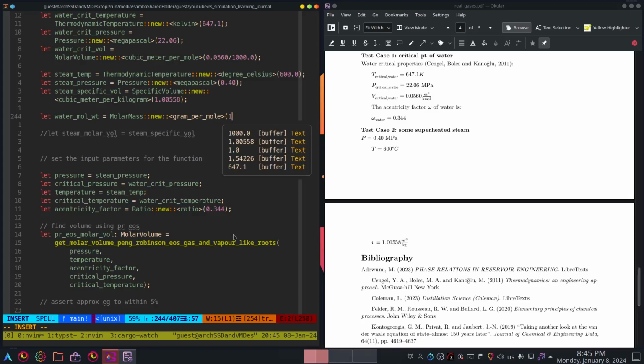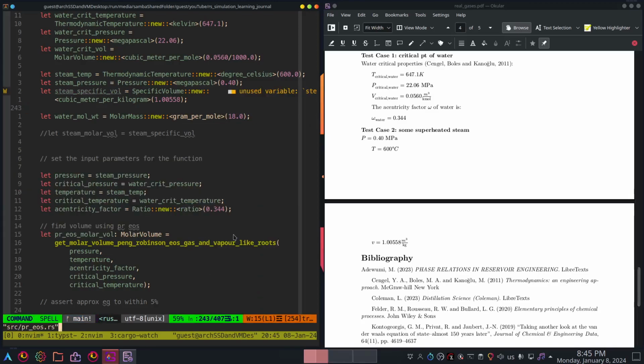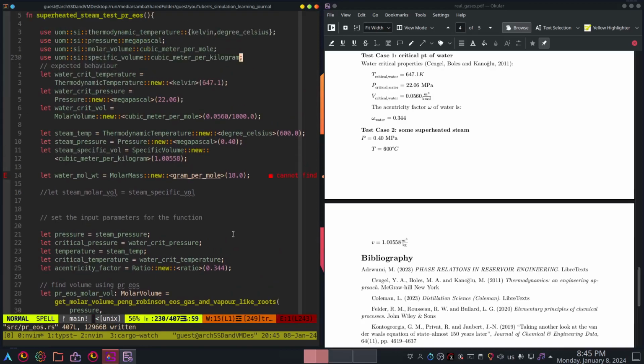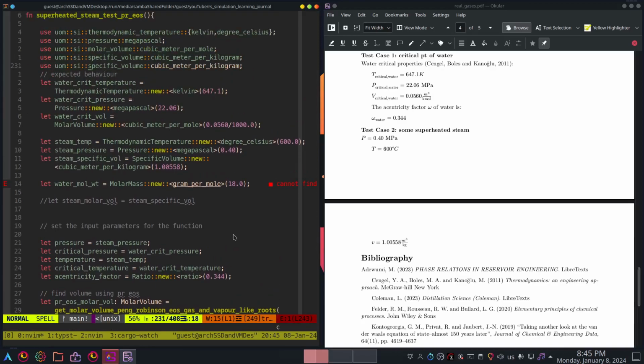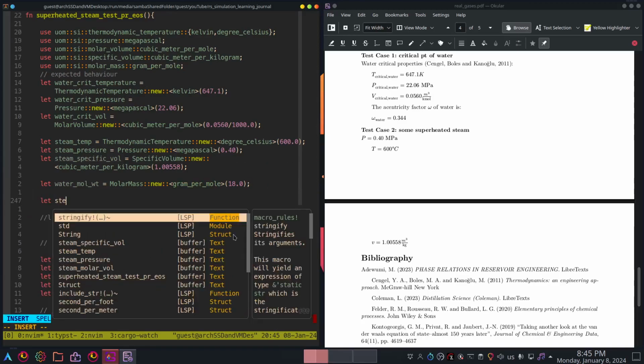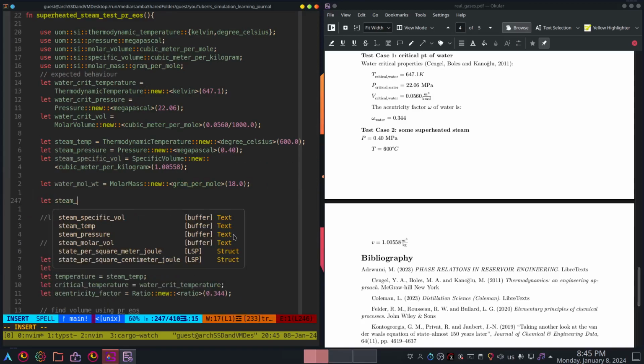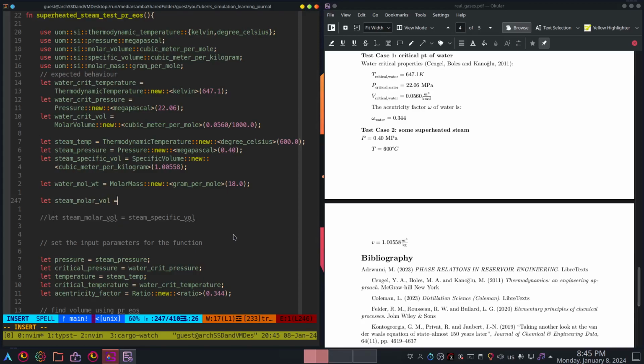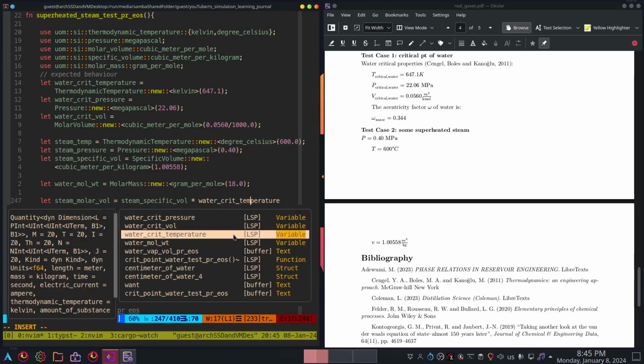And water is just nice. It should be 18.0. And then I'll have to import this. Molar mass, gram per mole. Okay, so the molecular weight is as such. Let steam molar volume equal steam specific volume times water molecular weight.